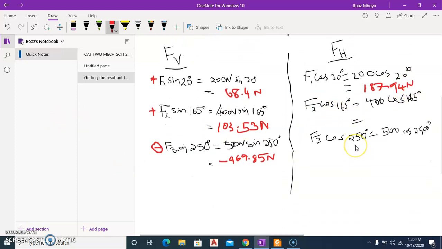Then here we have 400 cos 165. So now this gives us negative 386.37 newtons. Now what about these 500 cos 250? We also get negative 171.01 newtons.